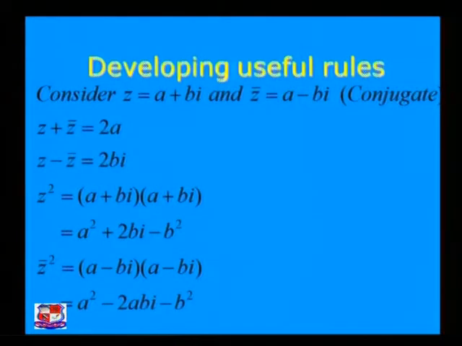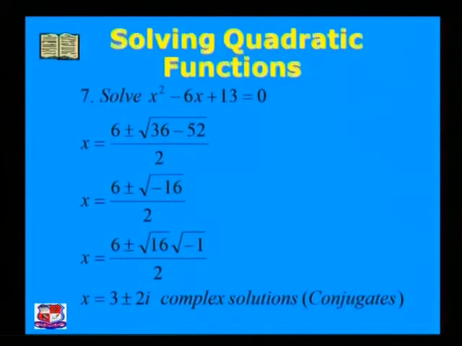Okay, so now I want to tell you some rules of complex numbers, but before I tell you any rules, I want to solve some more examples on complex numbers. Let us look at one more example.